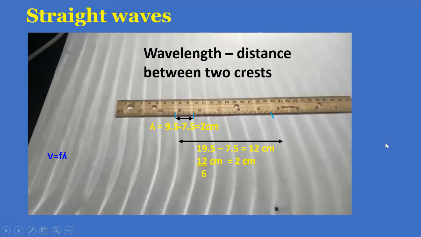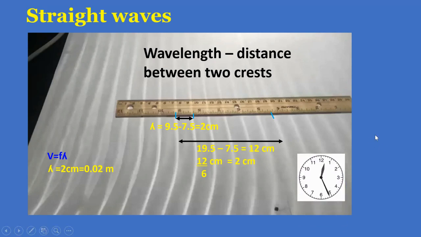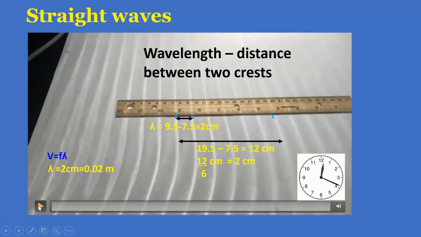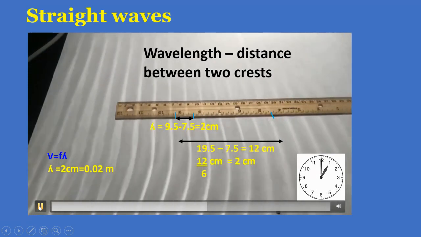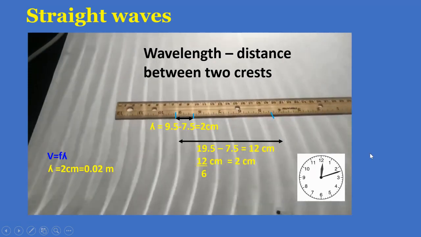Now to determine the speed of this wave, we have the wavelength, which converted to meters is 0.02 meter. But now I need the frequency. To find the frequency, I need to time how many waves pass in 1 second. So let's say I run something like this and I count how many pass in 1 second.